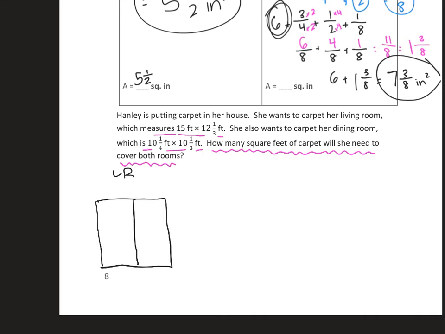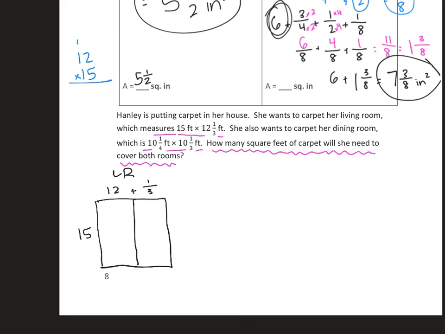So I'm going to break apart 12 1/3 as 12 plus 1/3. And then I'm going to put 15 on this side. All right. So here I have 12 times 15 first. I don't know what that is off the top of my head. So I'm going to come up here and say 12 times 15.